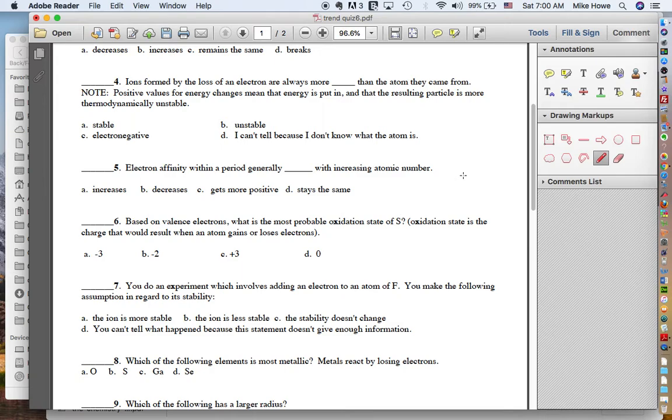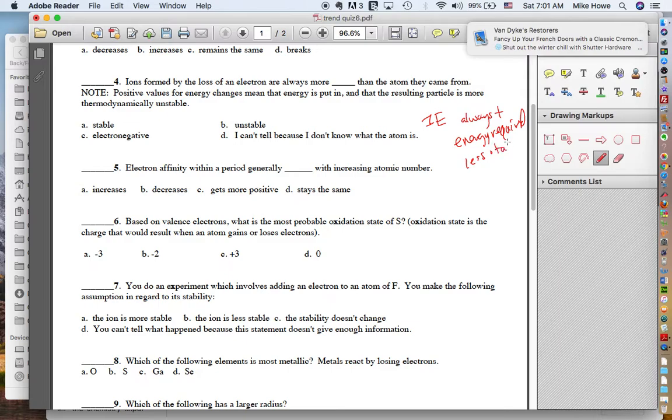Now, the actual energy change for electron affinity and ionization energy are like this. Ionization energy was always positive, which means energy required, which means the resulting particle gets less stable.